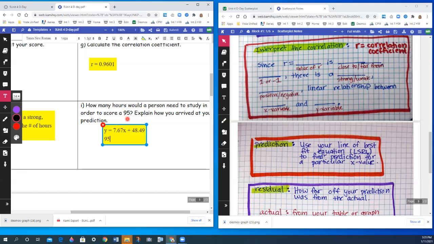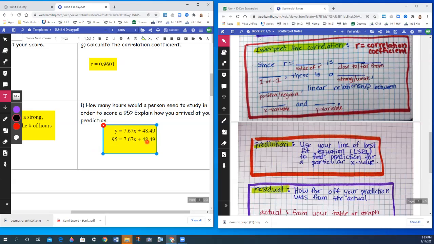So we're going to go 95 equals 7.67X plus 48.49. And then we're going to subtract 48.49 from both sides. Again, I'm going to be subtracting this from both sides.